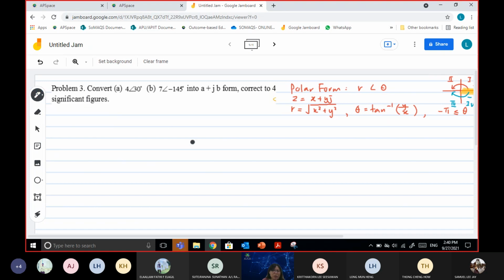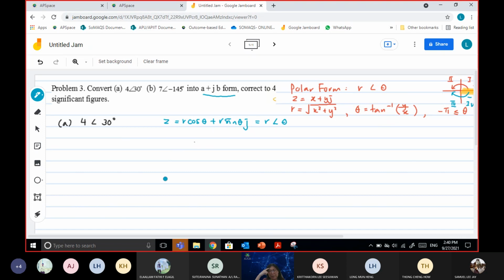Now let's move on to questions A and B. For A, you have 4 angle 30 degrees. This is in polar form and you need to express it in Cartesian form. For your recap, the polar form we can write as r cos theta plus r sine theta j, which we abbreviate as r angle theta.